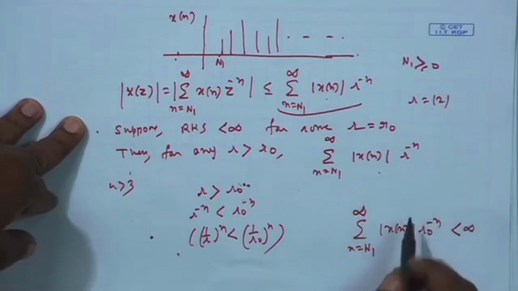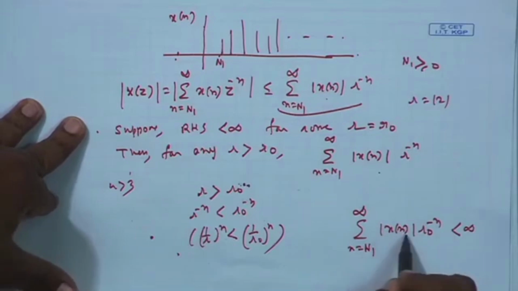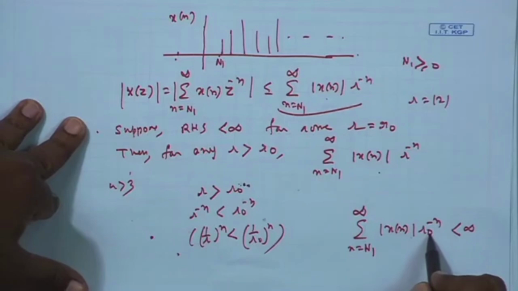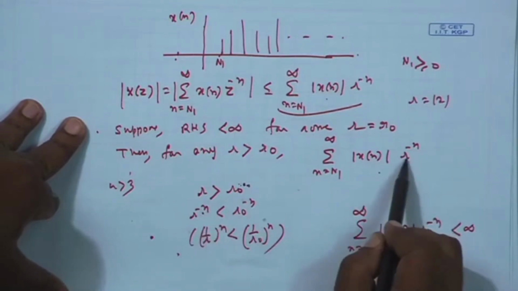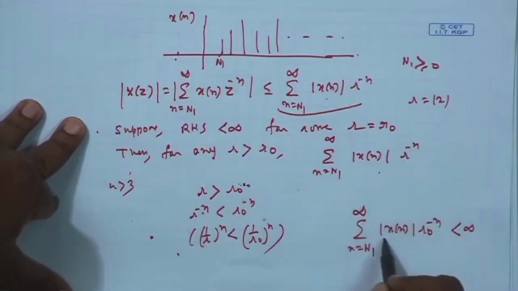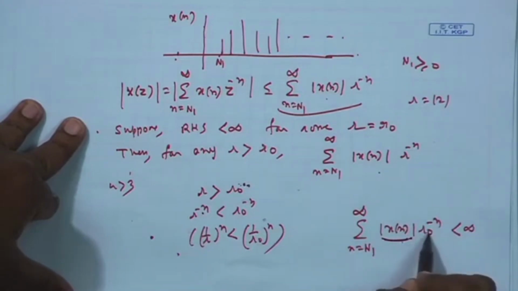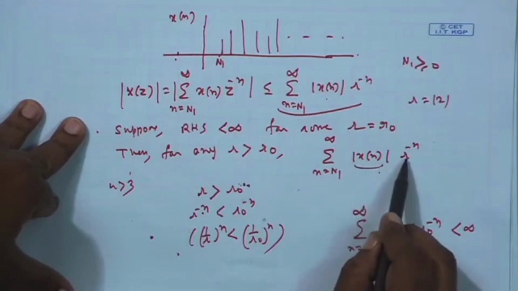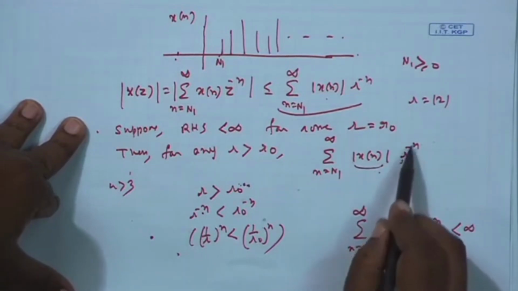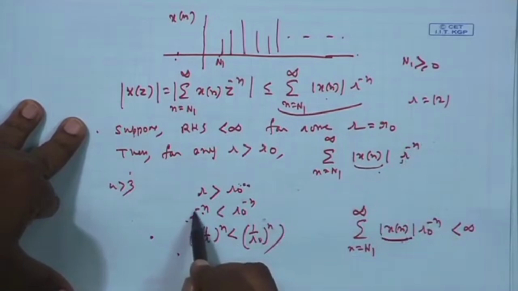Now, in this summation consider any sample nth, mod x n present here, but that time I was multiplying by r 0 to the power minus n, and I am now multiplying by a smaller number r to the power minus n.